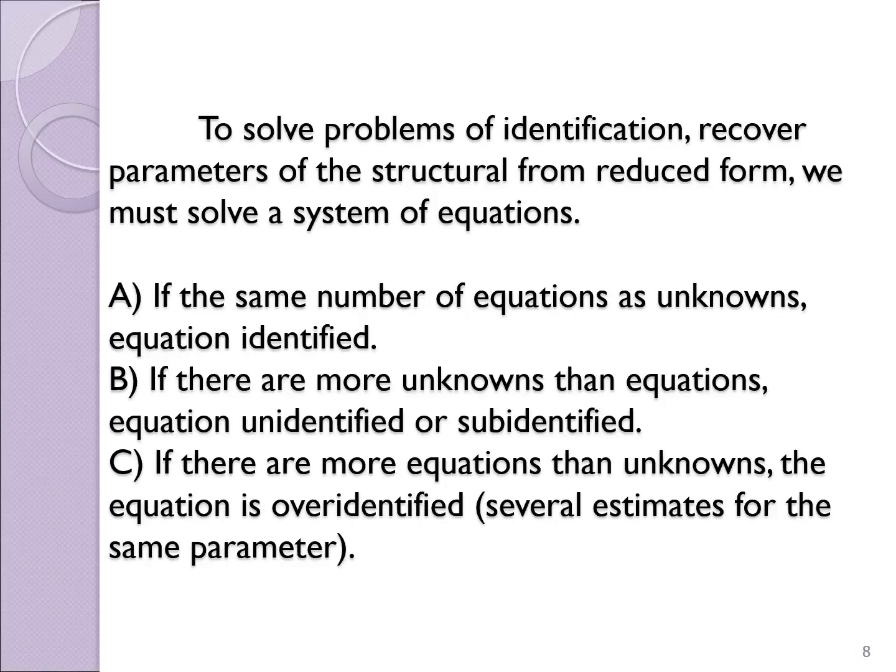Then if you have more unknowns than equations, then your structural equation is unidentified or sub-identified. And then if there are more equations than unknowns, the equation is over-identified. You have several estimates for the same parameter. So this is the basics of identification.